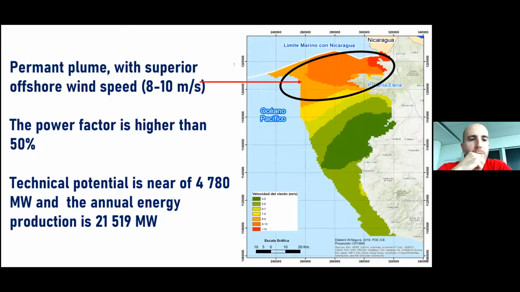As mentioned here, in the North Pacific, very close to the border with Nicaragua, we have a permanent plume with superior offshore wind, with a very high power factor and a very competitive technical potential, to think that Costa Rica has a very clear, very positive future in offshore wind development.